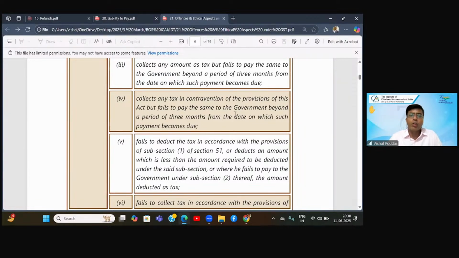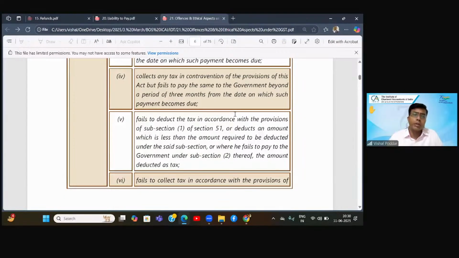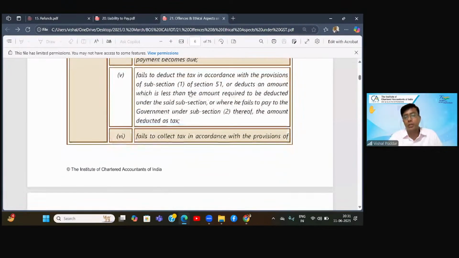So, where you have collected any tax, now it may be not collectible. Why? Because let us say it was an exempt supply, you wrongly collected tax on exempt supply. Okay. Now, if it is a wrong tax collected, no problem. The rule is even a wrong tax should be deposited with the government. So where you collected any tax, even though in contravention, you still have to pay it to the government.